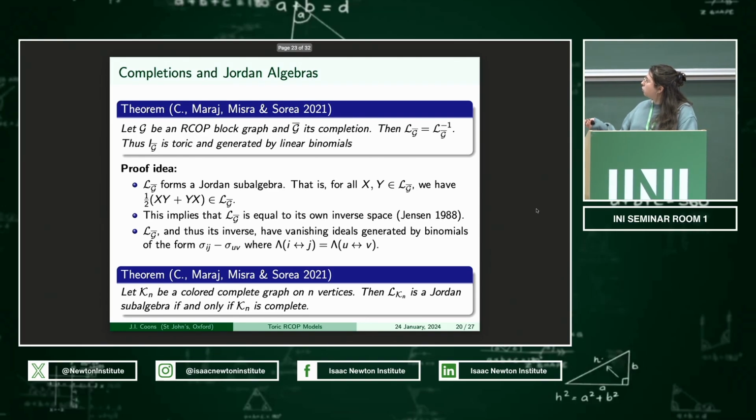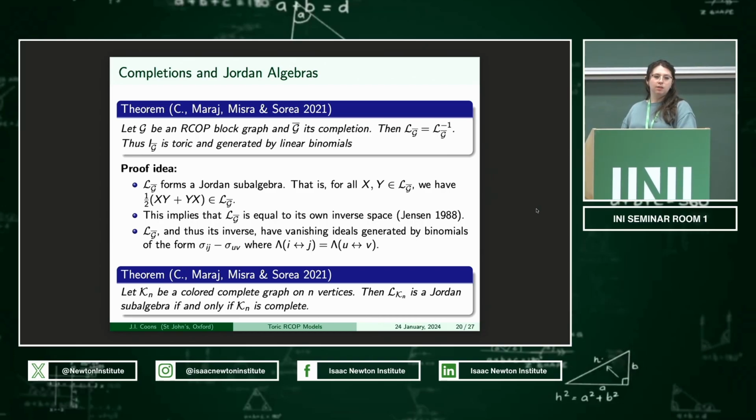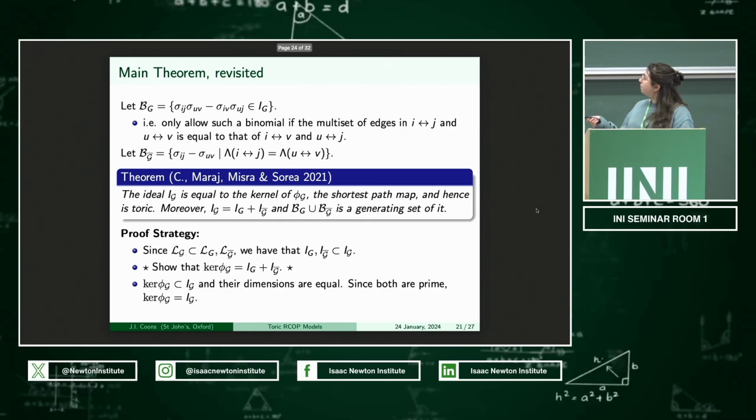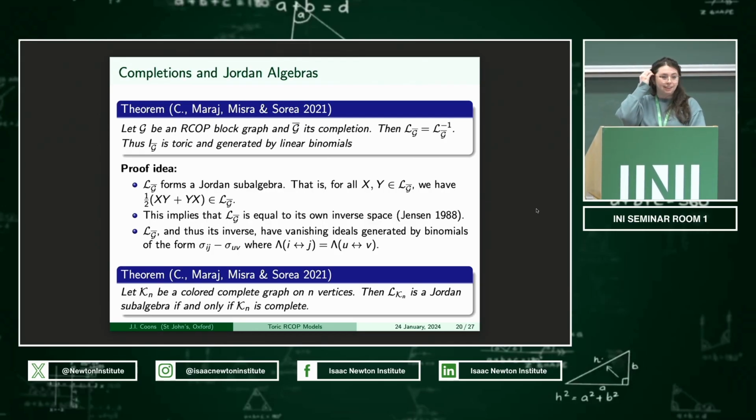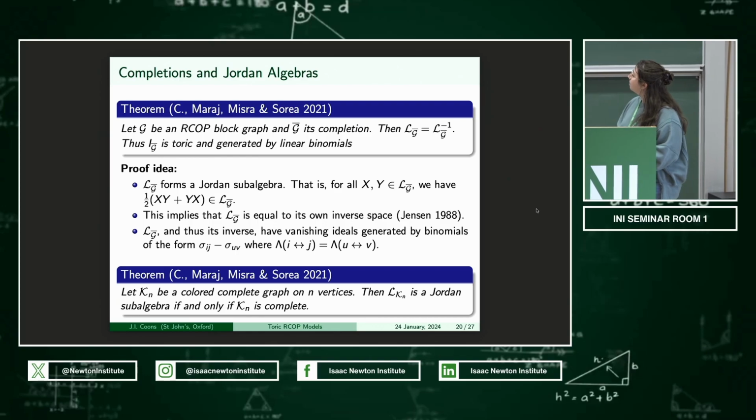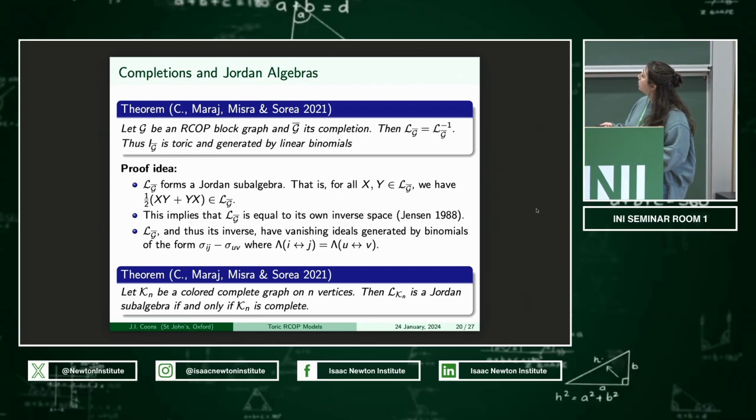In fact, there's something stronger that we showed, which is that if I have a colored complete graph on n vertices, then this linear space is a Jordan subalgebra if and only if the graph is RCOP. Can you go back? I'm very confused with the complete and complete. This colored complete graph, and then if and only if KN is complete.